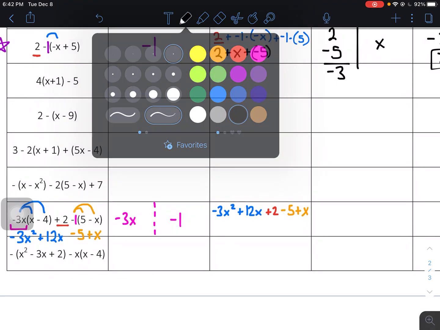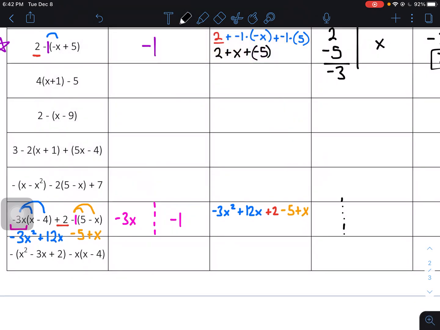All right, this time we have 3 groups. First is our x squared terms. We only have one x squared term, negative 3x squared. We have 2 x terms, positive 12x and positive x.